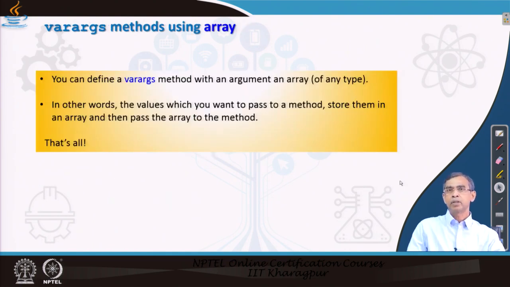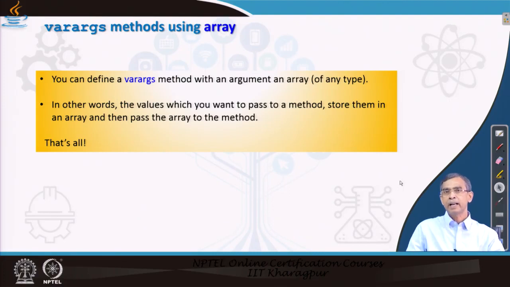This concept of defining a generic method with a variable number of arguments is called a var-args method. It is a typical concept in Java, called simple var-args. A var-arg method with any type, that is the generic, can be an integer array.